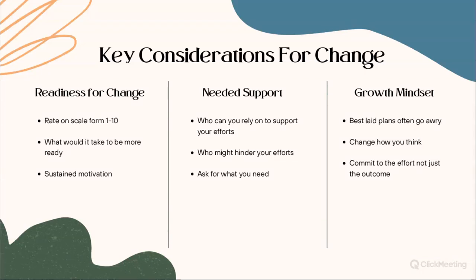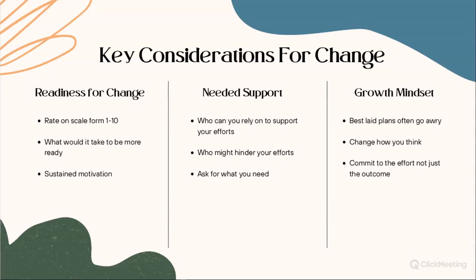Or maybe you feel like you're ready to make that change, but you're just really stuck on how to do that. So maybe your readiness is only about a 3. Figuring out exactly where you are on that scale can definitely help shape your motivation, but also give you realistic insight as to how impactful the change is actually going to be, and if you can actually make that happen.